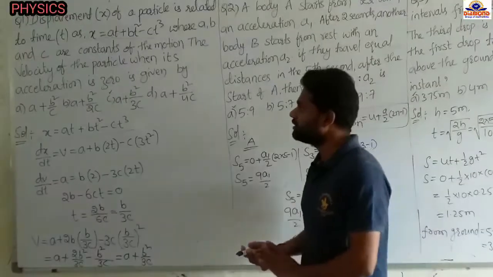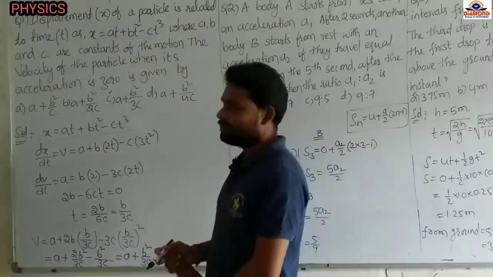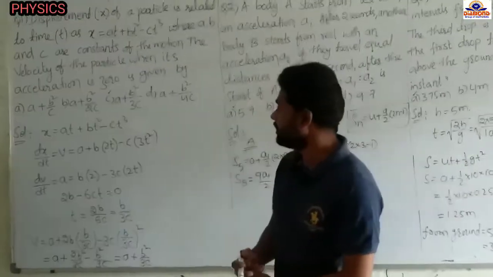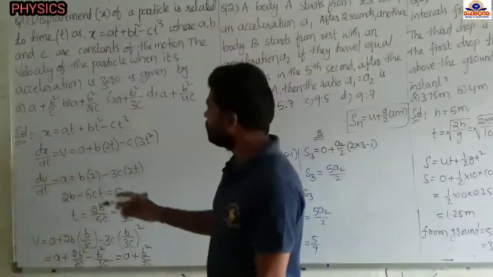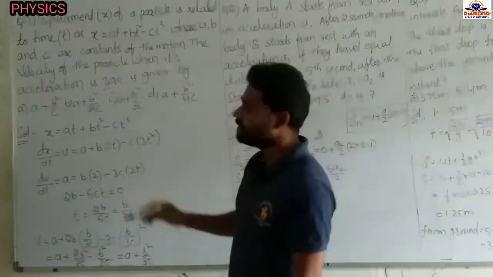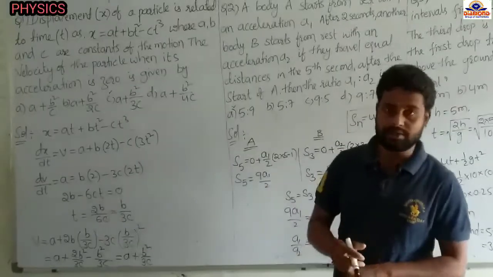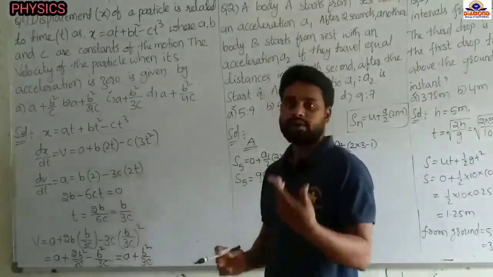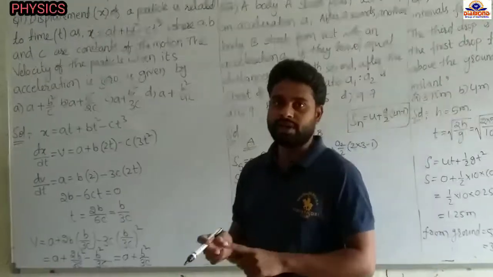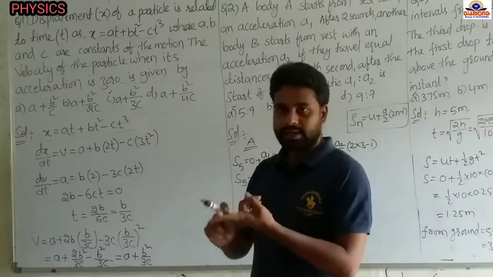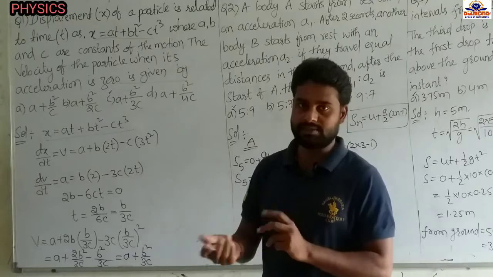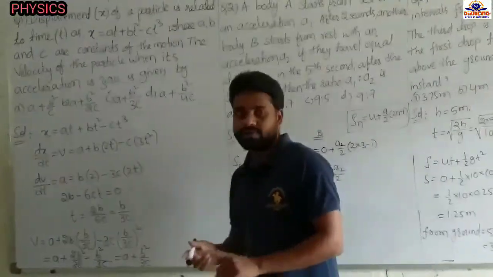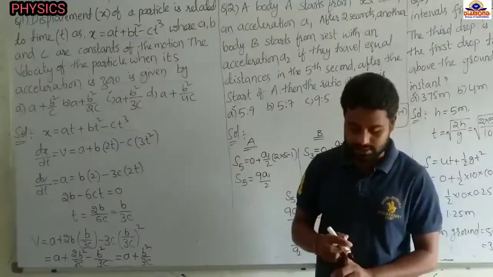The velocity of the particle when its acceleration is 0 is given by, that means we have to find the velocity where the acceleration is 0. So at what time the acceleration is 0 we have to find first, and at that time what is the velocity we have to find next.